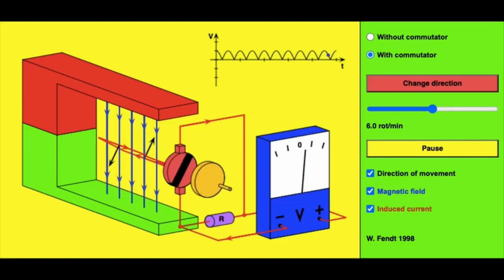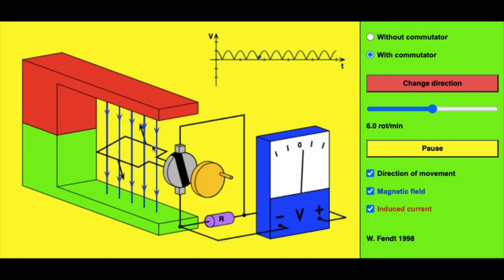The Walter Fendt simulation of a generator shows how electromagnetic induction is used to convert mechanical energy into electrical energy. And we can see that with this setup, there is some external force that is rotating this coil within the magnetic field.